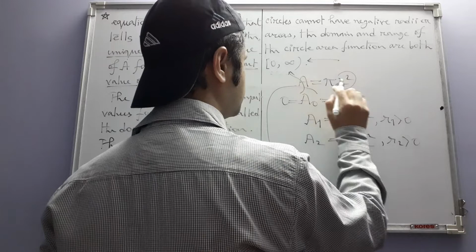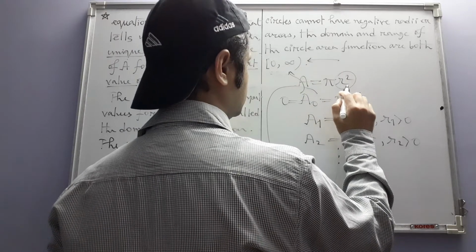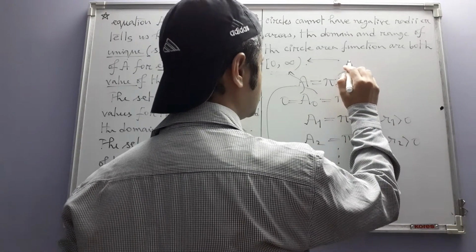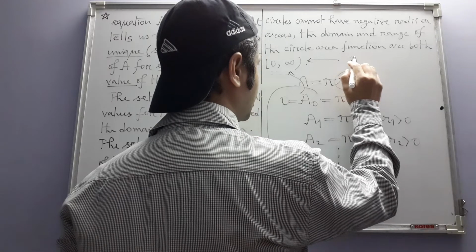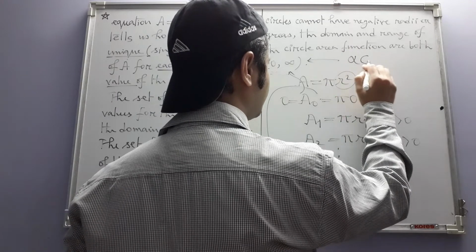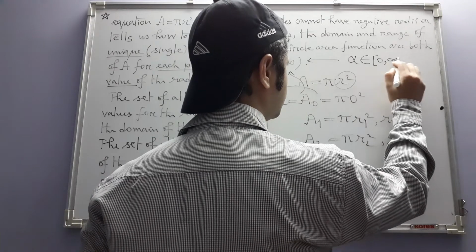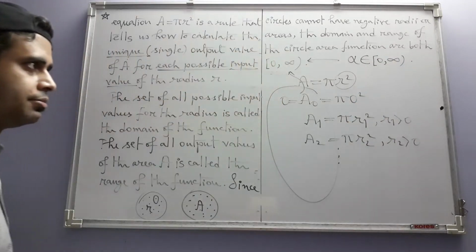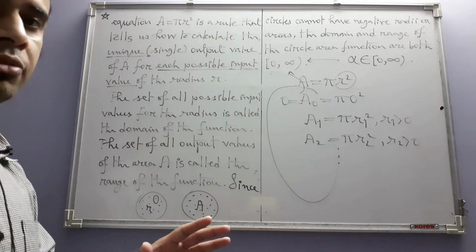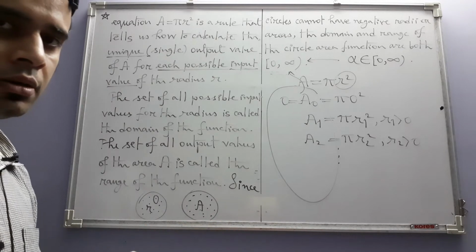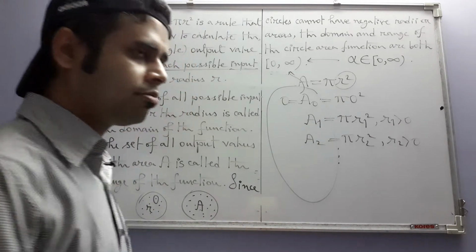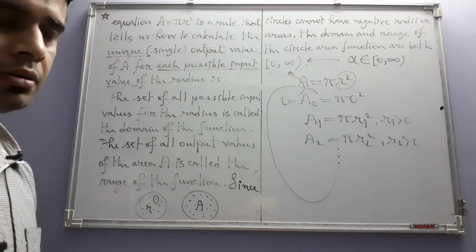Say you choose anything, say you choose alpha. Alpha is a non-negative real number. Is alpha the area of some circle? If so, what is the radius of that circle?